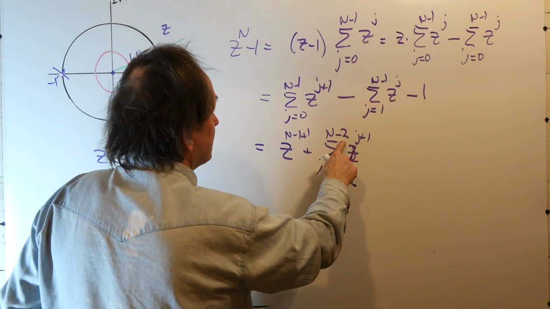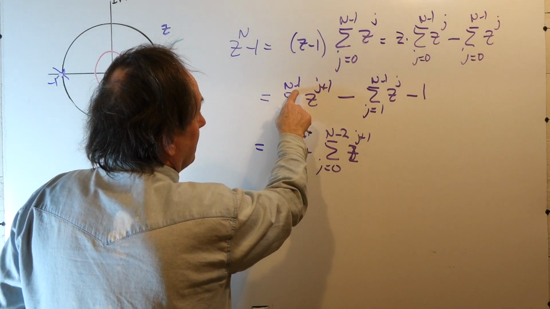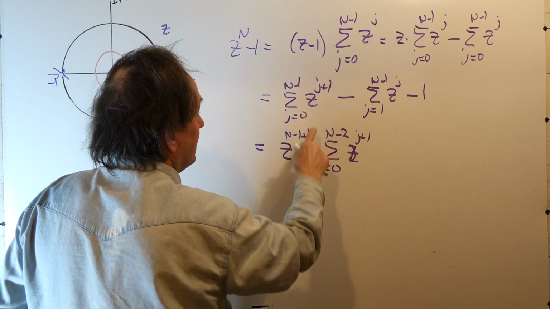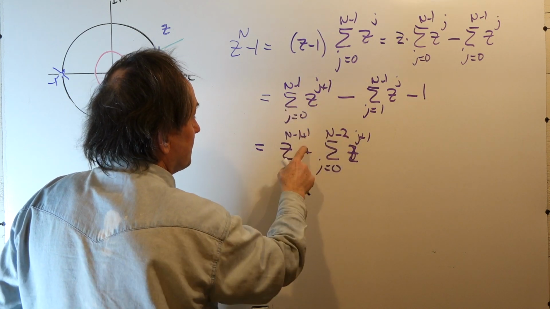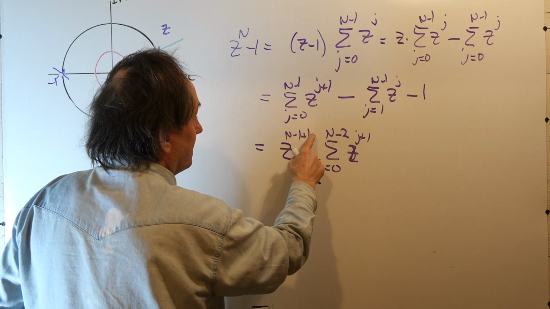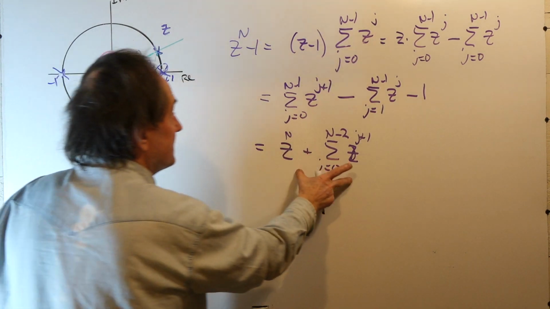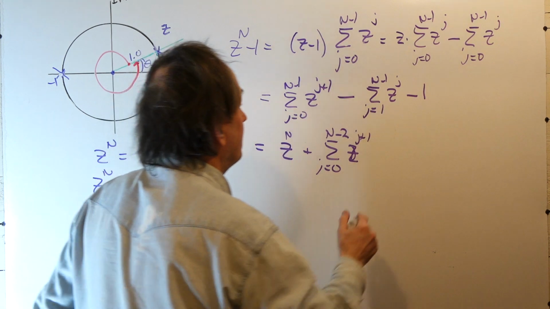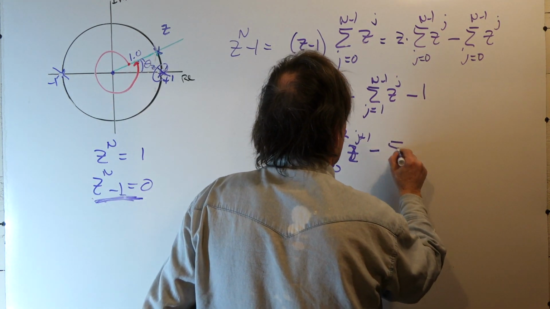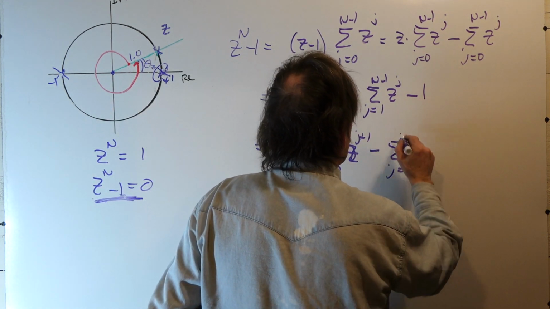I've stopped the sum one term sooner than what I had up here, and I pulled that last term out. We have n minus 1 plus 1, the 1's cancel. That's z to the n plus this sum, and then this is the other sum.